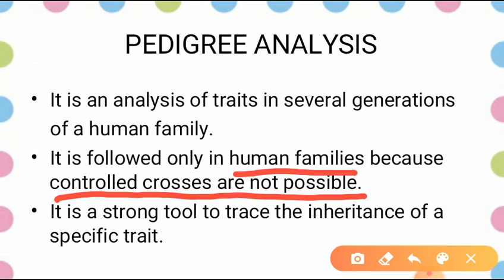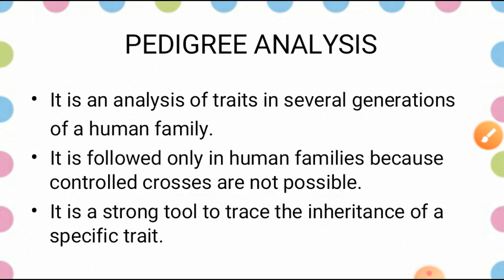So as per our will and pleasure, we are crossing. But this is not possible in case of human families. And moreover, the generation time in human family is of minimum 20 years. So pedigree analysis is a strong tool to study the inheritance of a particular trait in a family.